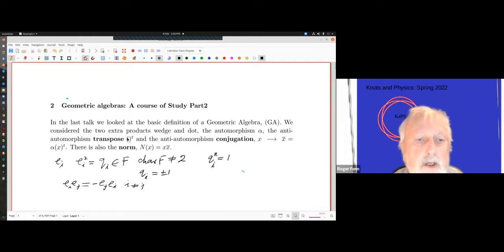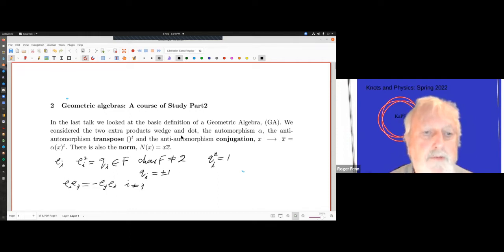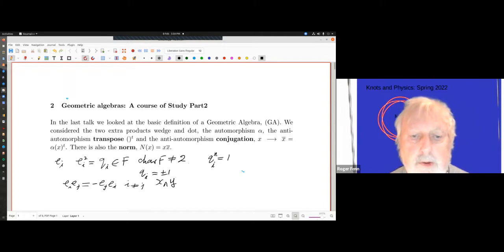And then that obviously defines a product, but there's the wedge product, X wedge Y, and that's anti-symmetric, and there's a dot product X dot Y, which is symmetric.